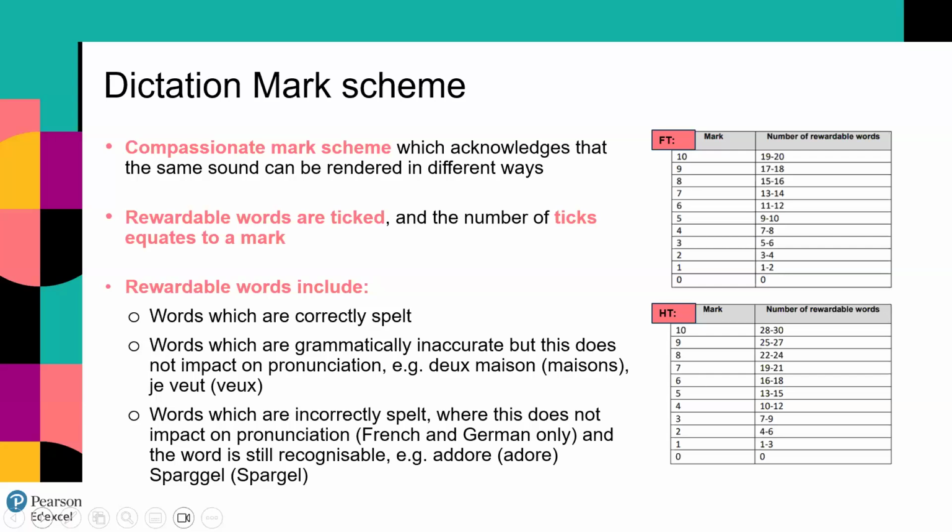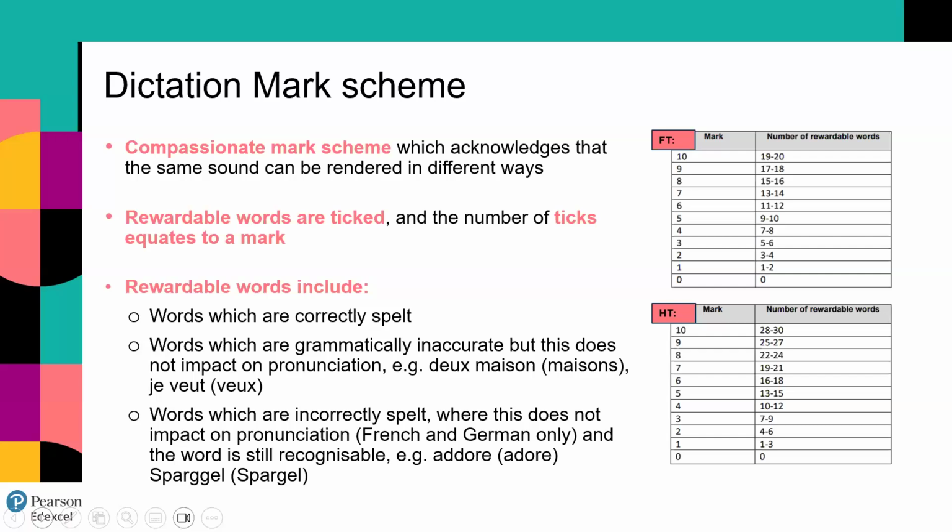But obviously, we had to have a limit of what we could accept, because otherwise we don't want a dictation to be just written phonetically. So we are going to reward words according to the types of mistakes that are made. For example, if a word is grammatically inaccurate, but still sounds the same, especially if there's a missing silent letter, then we can still accept that.